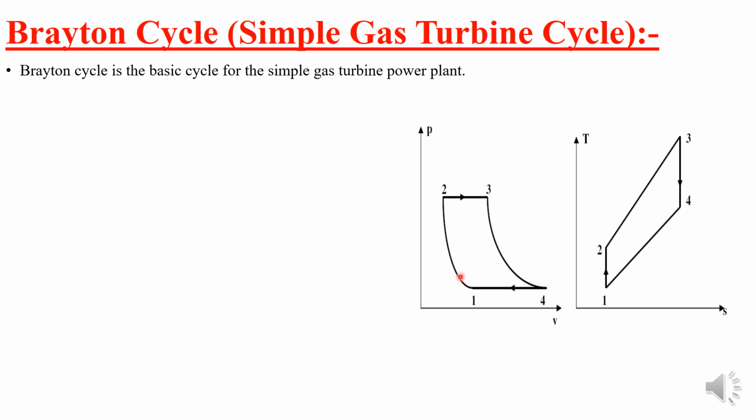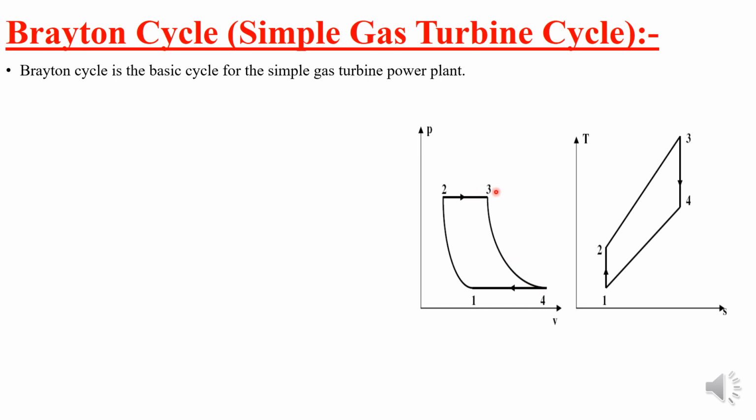After compression, we have the heat addition process, which takes place at constant pressure. So 2 to 3 represents constant pressure heat addition. Next, 3 to 4: after heat is added to the system, it has to expand.